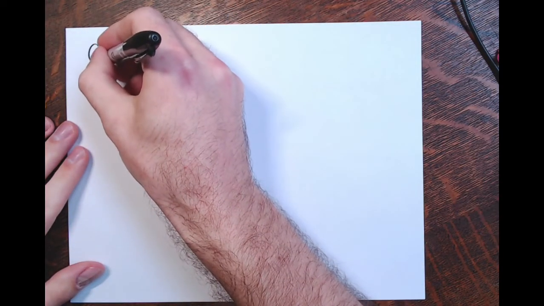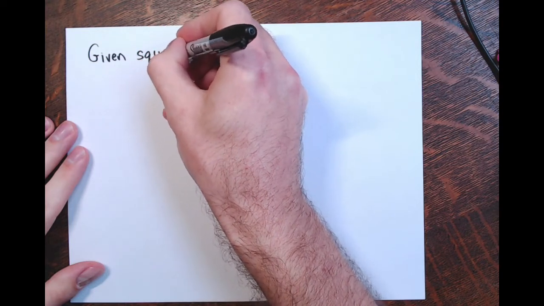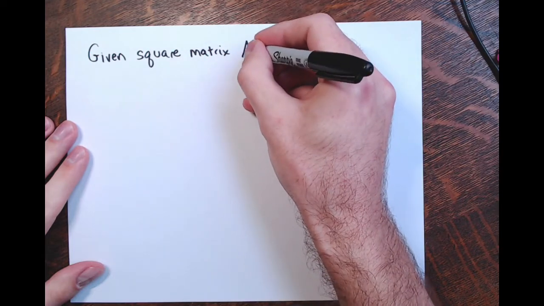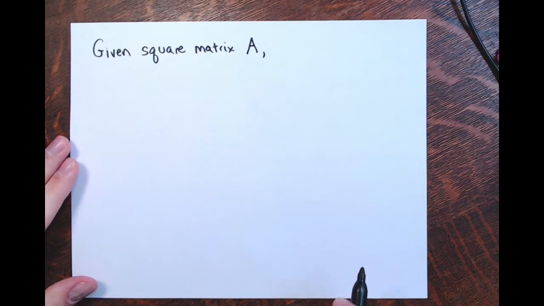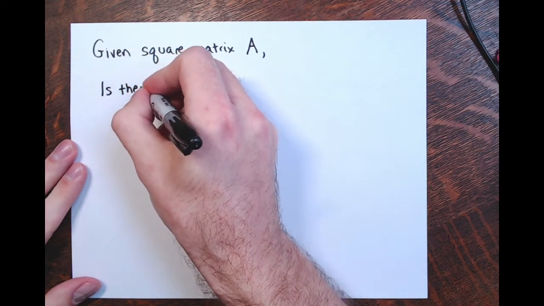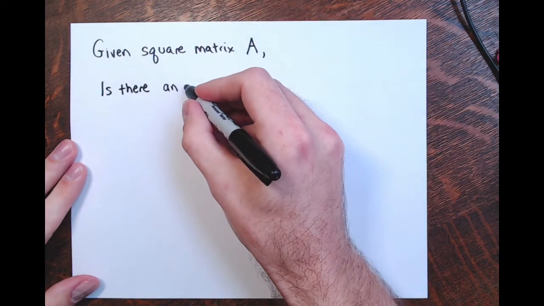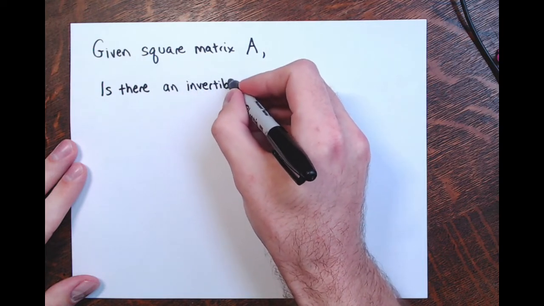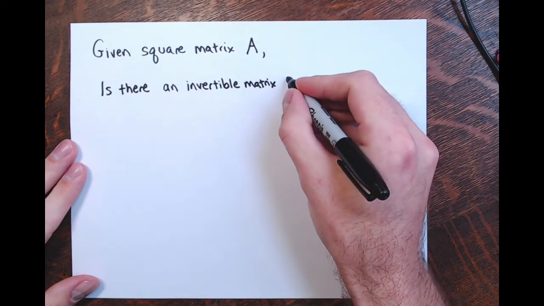So, given a square matrix A, is there an invertible matrix, same size, say P or M?